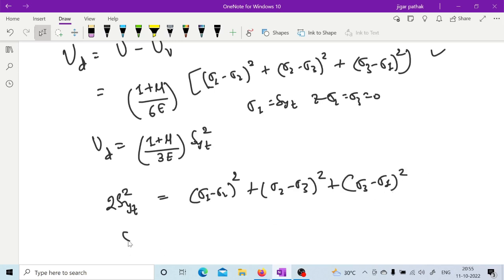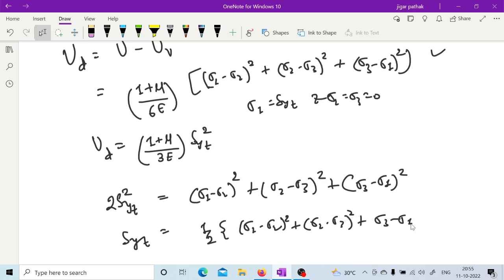So from this you will find that SYT is nothing but 1 by 2 under root of (sigma 1 minus sigma 2) square plus (sigma 2 minus sigma 3) square plus (sigma 3 minus sigma 1) square.